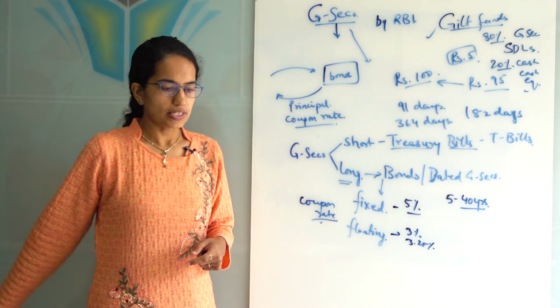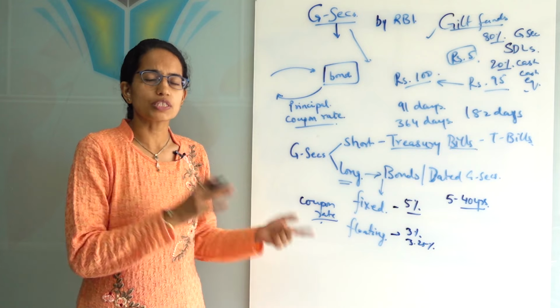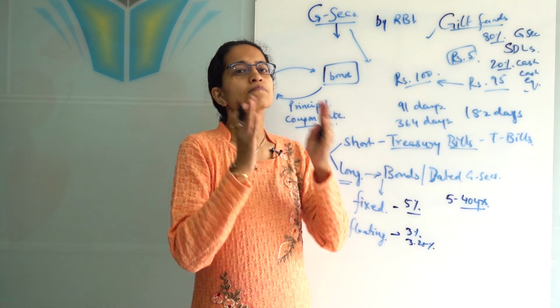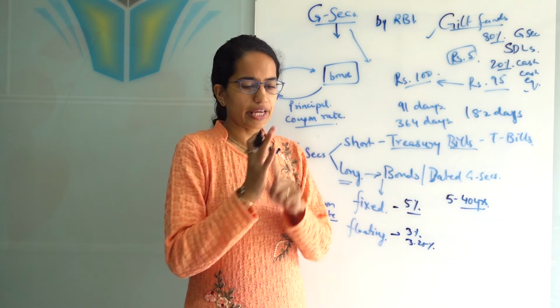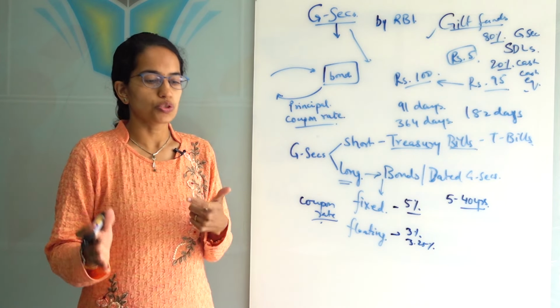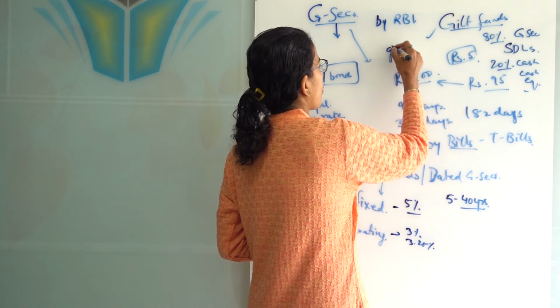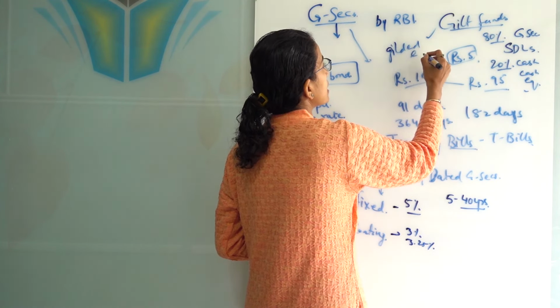Now these gilt funds were first introduced in the United Kingdom by the Bank of England. This was an original certificate issued by the British government and had gilt edges, and therefore was called gilt funds.